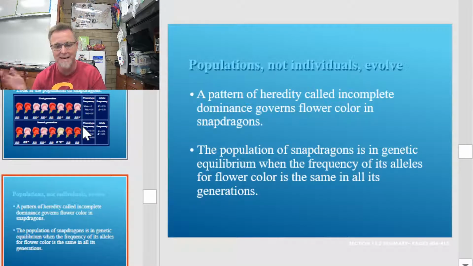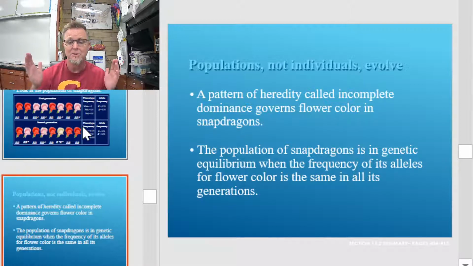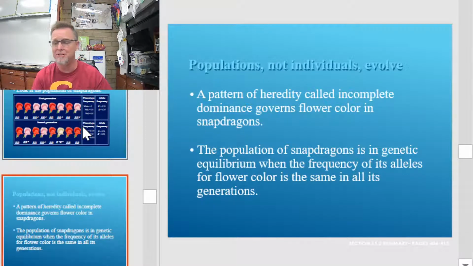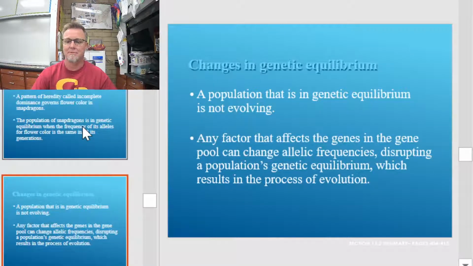Well, guess what that does? That affects your genetic equilibrium by eliminating all of the red flower genes in your population. Natural selection, okay? Allele frequency is changing, genetic equilibrium is changing, population is evolving, okay?